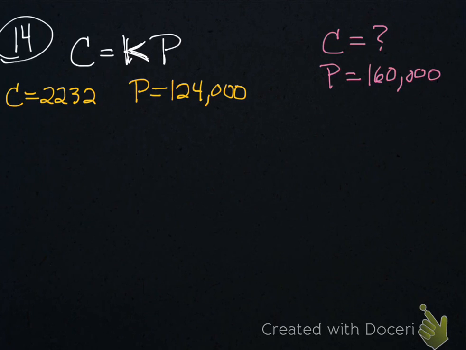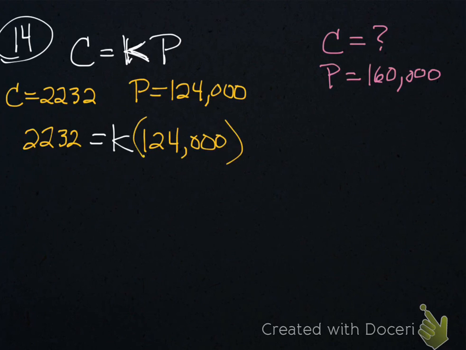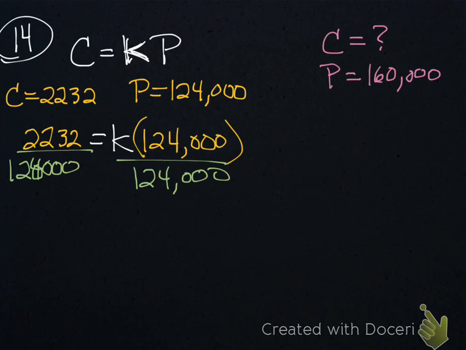And yes, real estate agents really do estimate their commissions. So what would we plug in? We're going to plug in $2,232 for commission and $124,000 for our price. And yes, you divide both sides by $124,000 to get that percentage that the commission is.